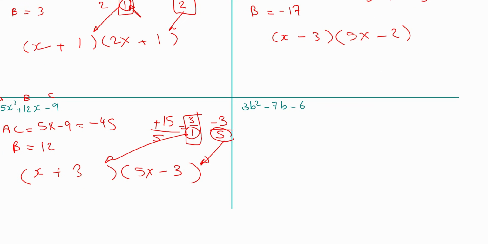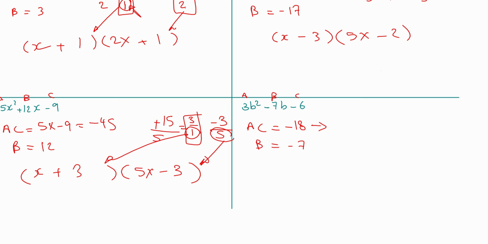Okay, the last question: 3b squared minus 7b minus 6. A, B, C. AC equals 3 times negative 6, negative 18, and B equals negative 7. Then we are looking for two numbers whose product is negative 18 and whose sum is negative 7.